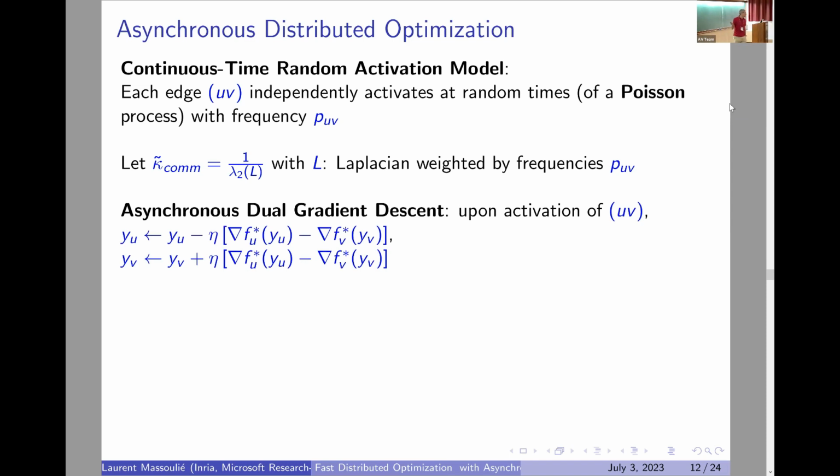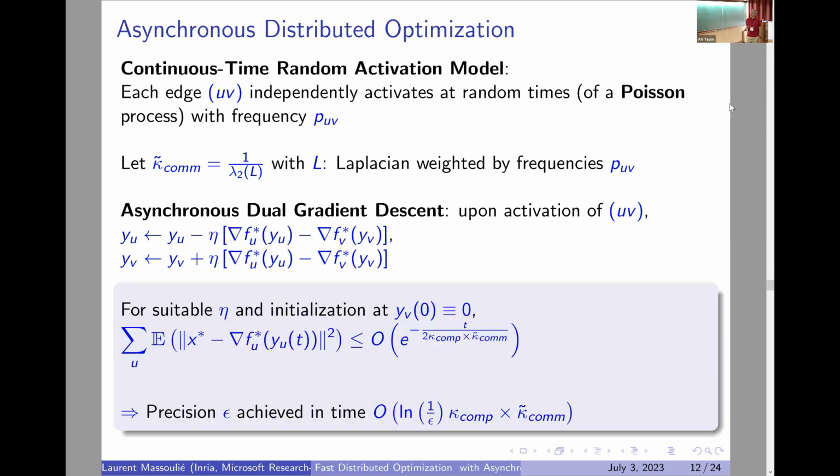That's exactly what the two agents U and V would do upon activation of their edge. They would exchange their dual gradients. And so this is exactly the previous operation for the first order gradient descent if the network is reduced to that edge.